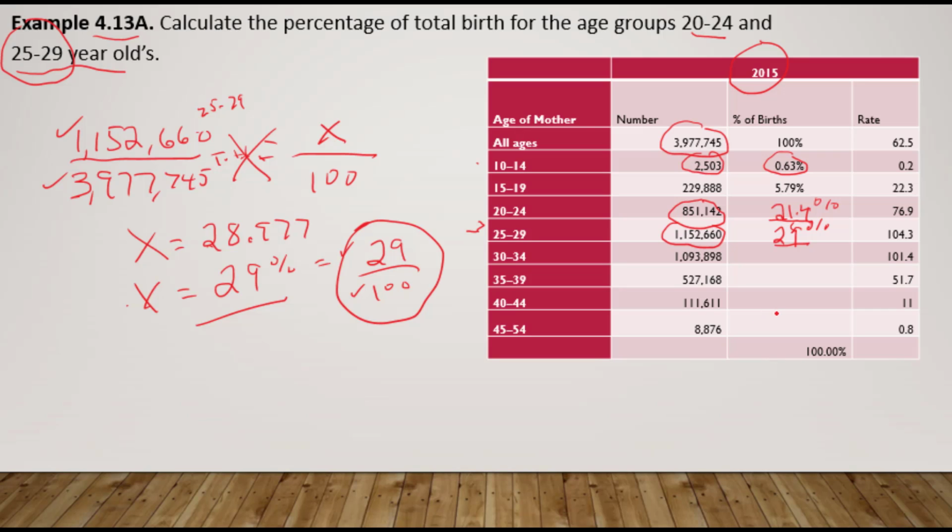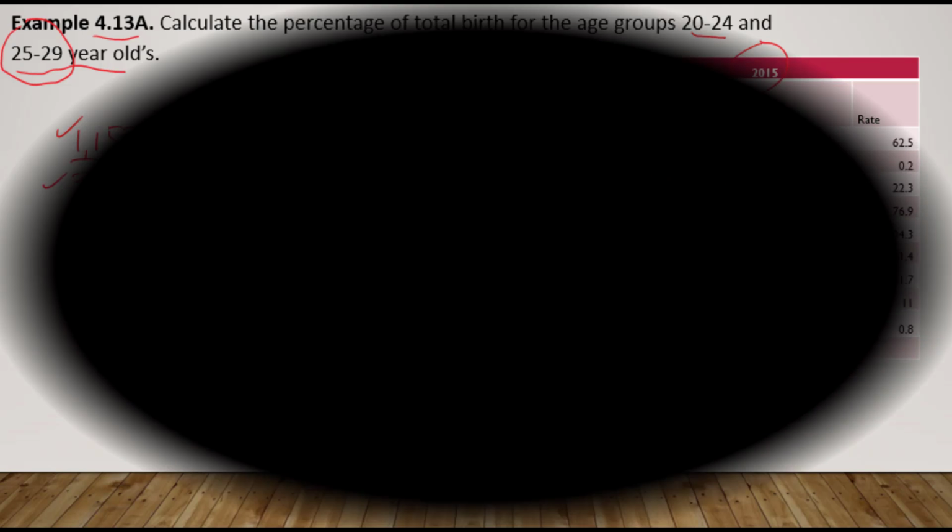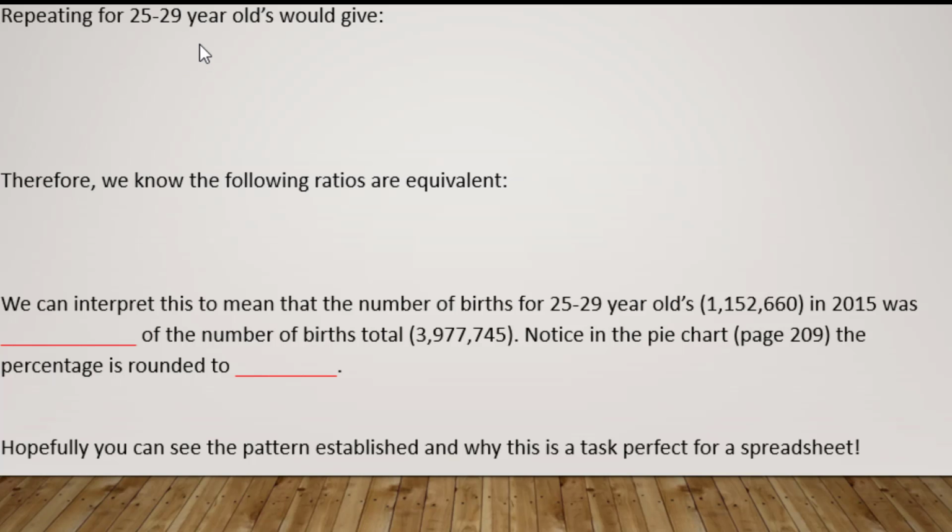And down here it might also show 0%, which is misleading. So in this case, the data is best looked at rounding to the nearest tenth. For the 25 to 29-year-olds, we got 29%.